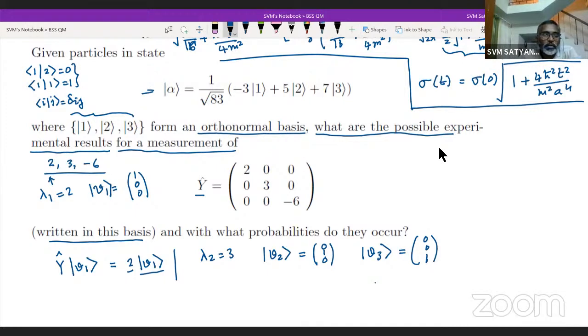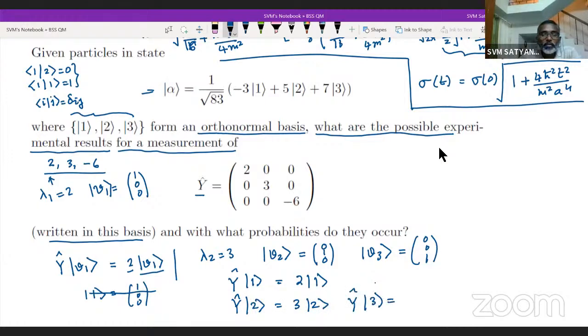So y acting on 1 is equal to 2 times 1. Y acting on 2 is equal to 3 times 2. And y acting on 3 is equal to minus 6 times 3. So this 1, 2, 3 are eigenvectors. Now is it easy to solve this one? What are the probabilities?